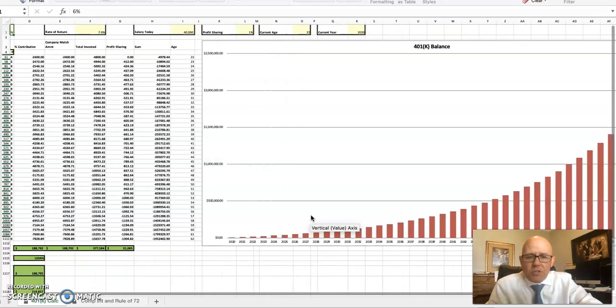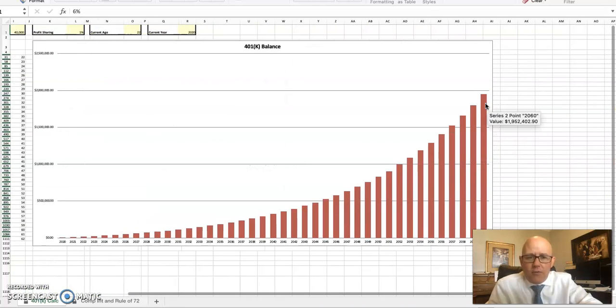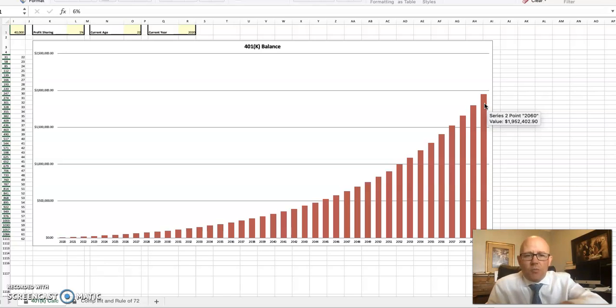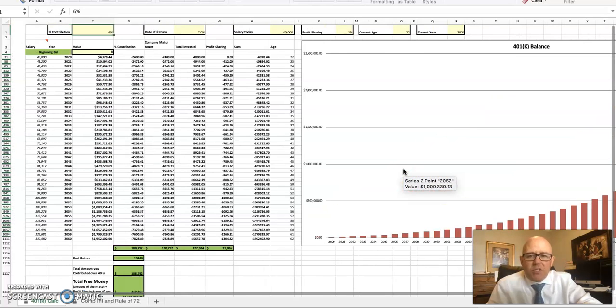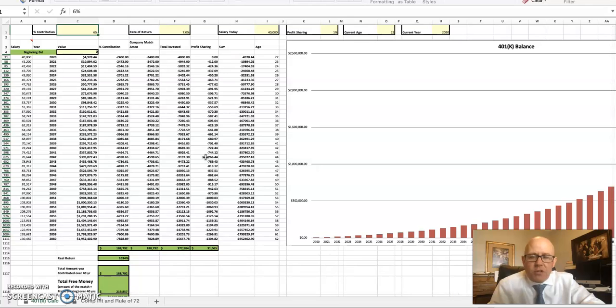You can also see that if you scroll over and hover on this graph, there's the other point, the $1.952 million. So you can see how it grows exponentially. The other thing I wanted to make sure was highlighted was watching the money grow. After 10 years, what would the value of the money be? Right here, it's $98,000.